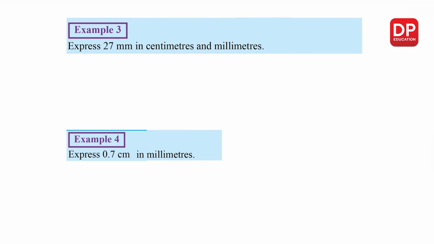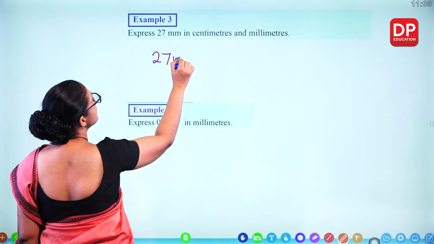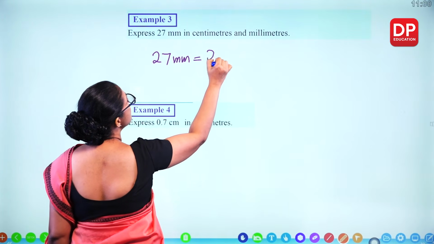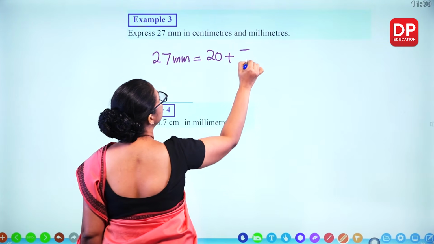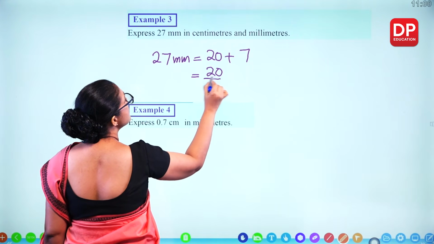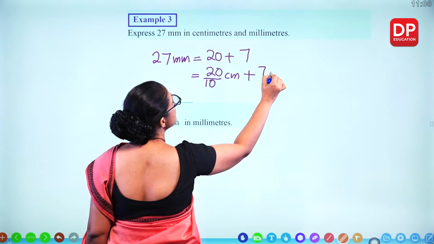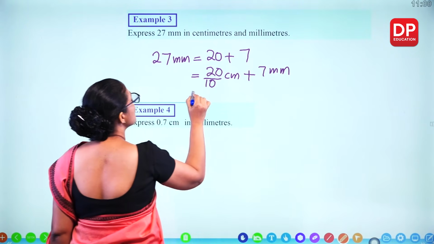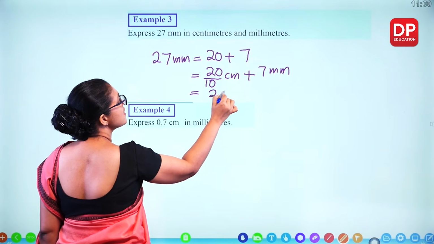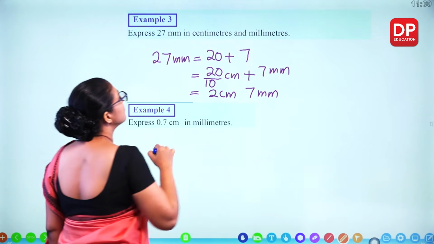Express 27 millimeters in centimeters and millimeters. So 27 I can split into 20 and 7. So 20 millimeters I can divide by 10 and write in centimeters, and this 7 is in millimeters. So what's the answer? You get 2 centimeters and 7 millimeters.